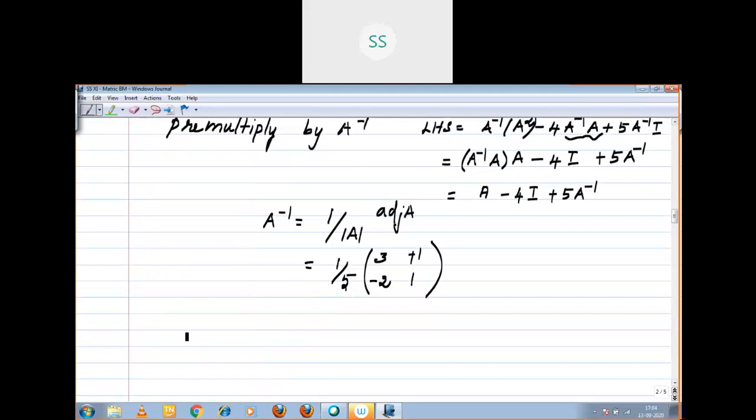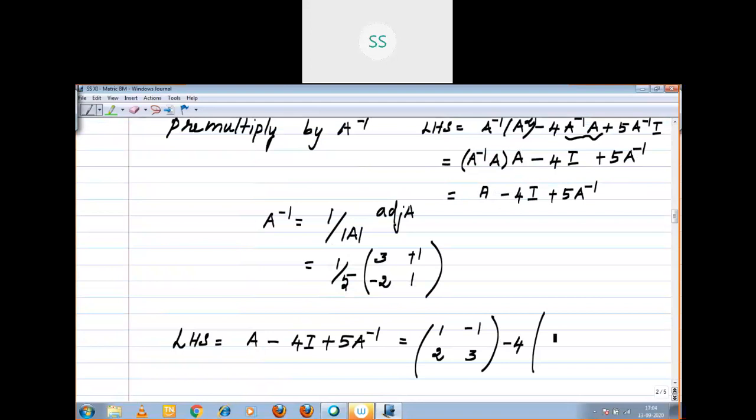Now, we are going to substitute in the LHS. What is your LHS? See here, LHS equal to A minus 4I plus 5A inverse, which is equal to 1 minus 1, 2, 3 minus 4 into, already I told you, the I depends upon the given matrix.